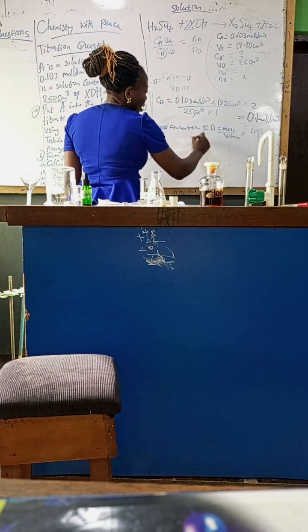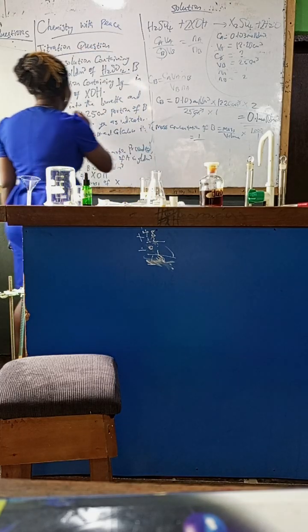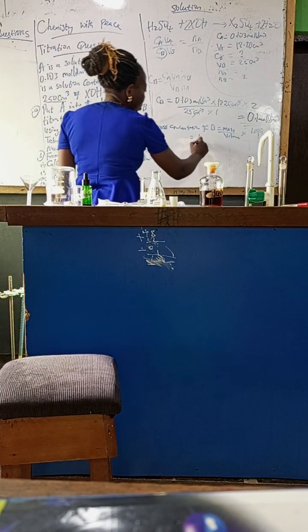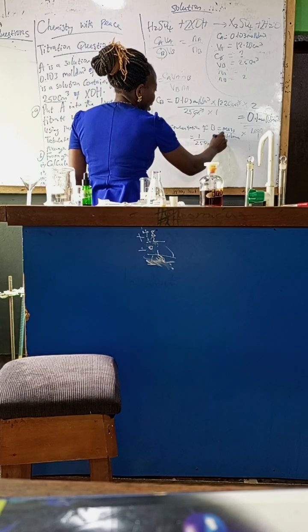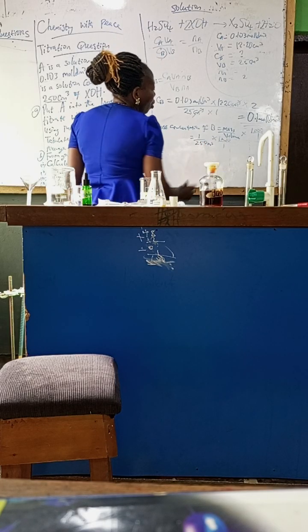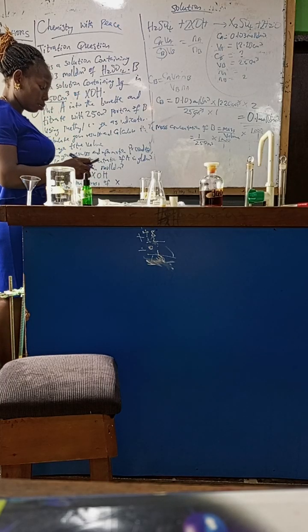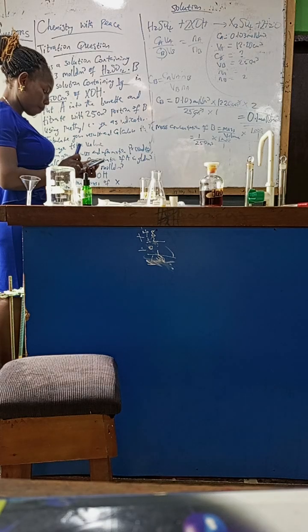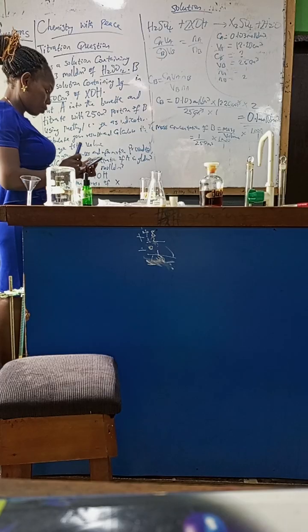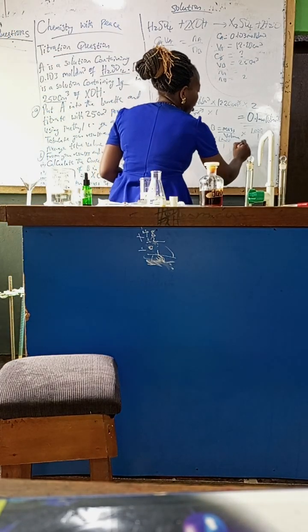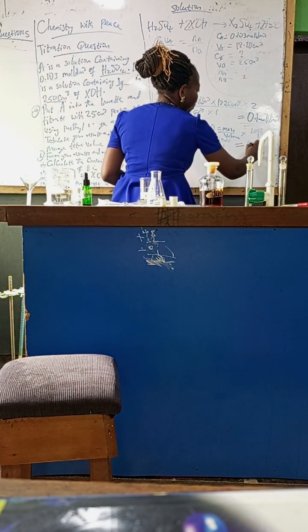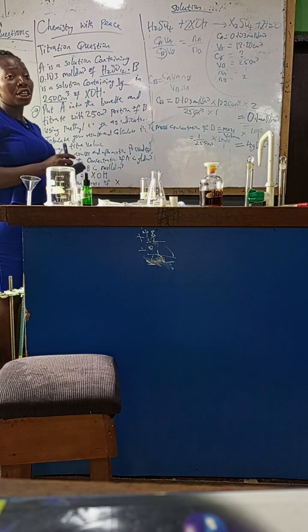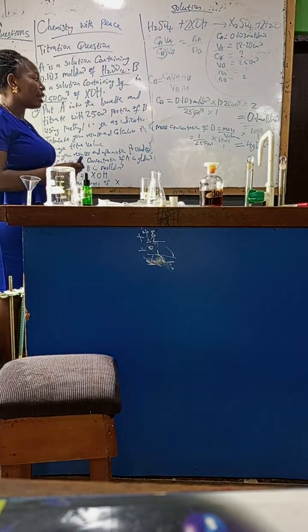Mass given is 1 over the volume given is 250 centimeter cube times 1000 over 1. So we just got the mass concentration to be 4 grams per dm cube.